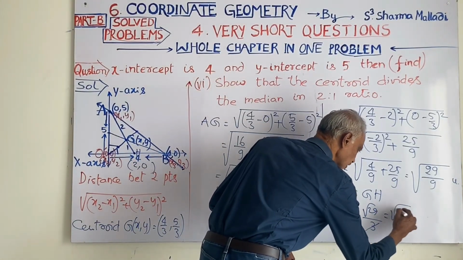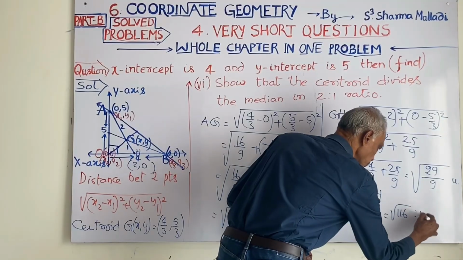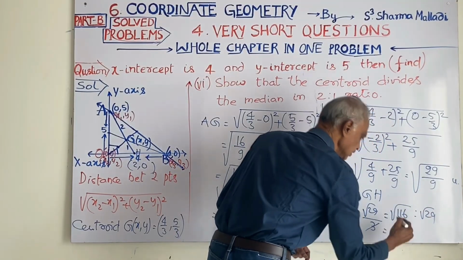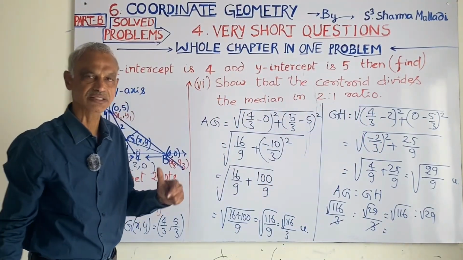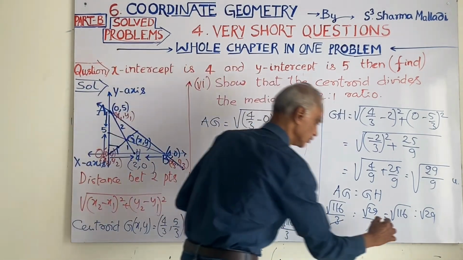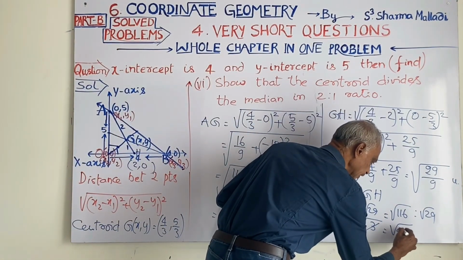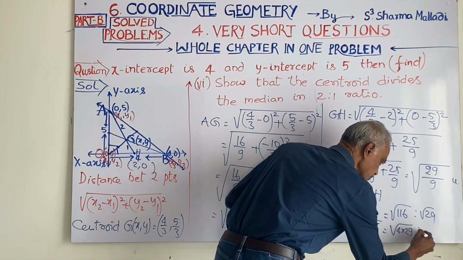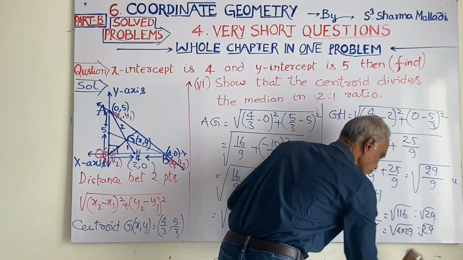You will get root 116 is to root 29. This root 116 can be written as 4 into 29. Root of 4 into 29 is to root 29.